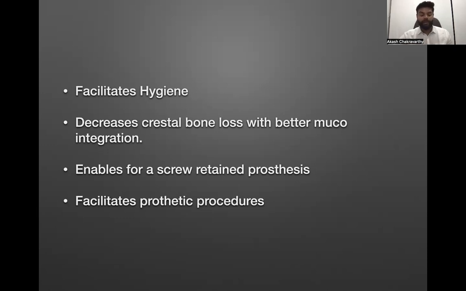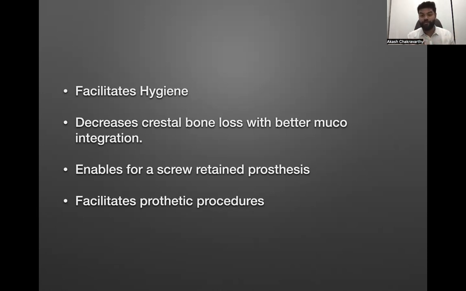The last point is it facilitates prosthetic procedures. As I said, which is easier, working at an implant level or working at a multi-unit level? Working at an implant level, it is very difficult to get a passively fitting prosthesis. That is the reason why we have to split the prostheses in different regions in order to place the prostheses.